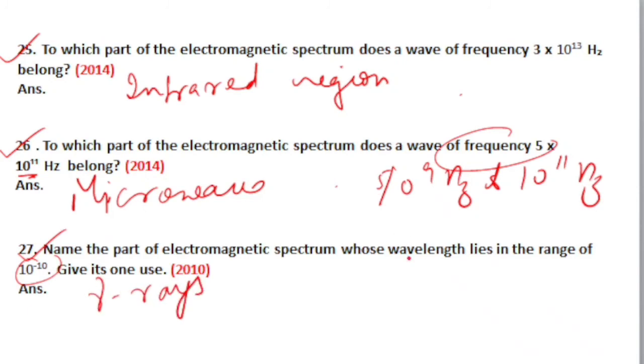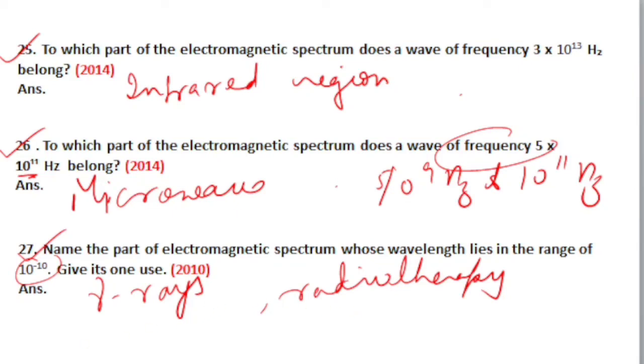Gamma rays come under this region. And write one of its uses. Gamma rays are used in many places. These are used in radiotherapy also. One use only, right? Radiotherapy for treatment of malignant tumors.